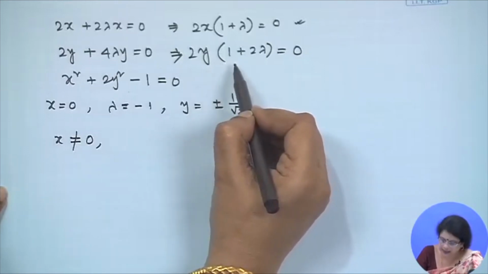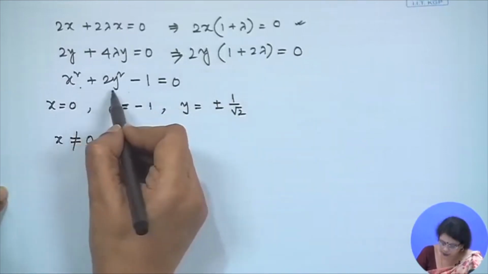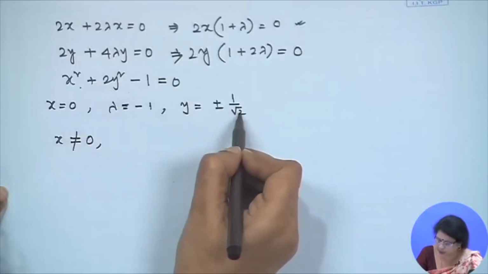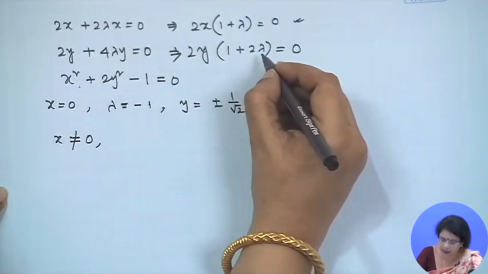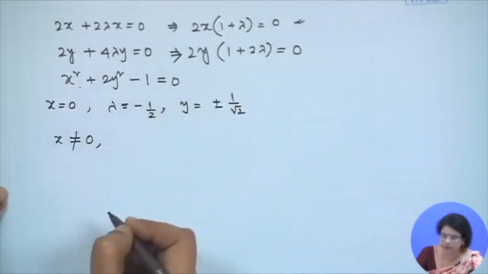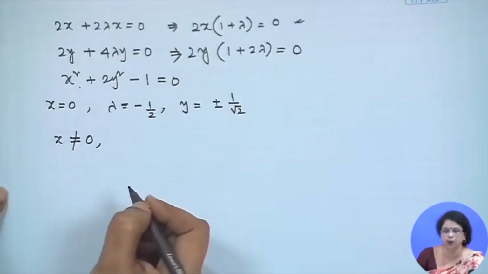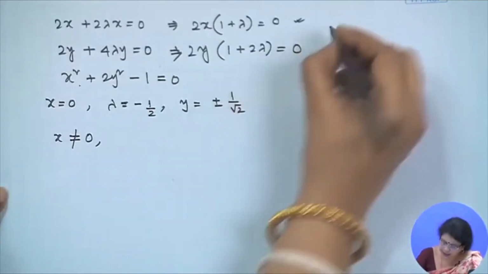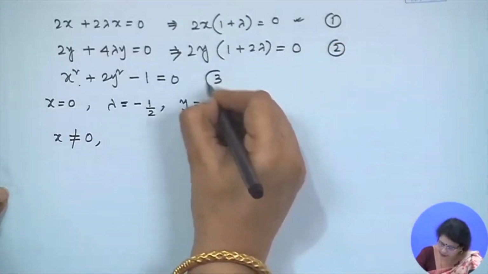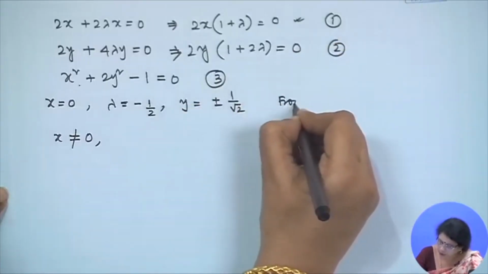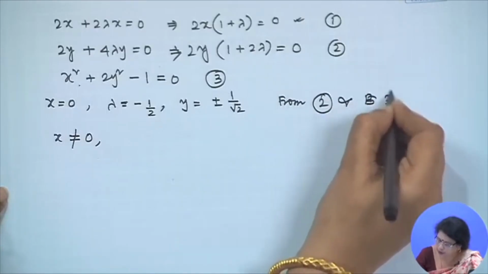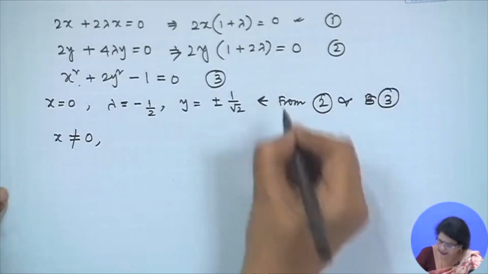From here we are getting the value for y as plus minus 1 by root 2, and the value for lambda as minus half. Okay, lambda is equal to minus half. This we are getting if we just consider equations 1, 2 and 3; from 2 and 3 we get these conditions.